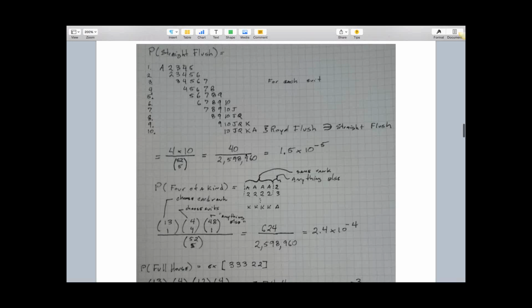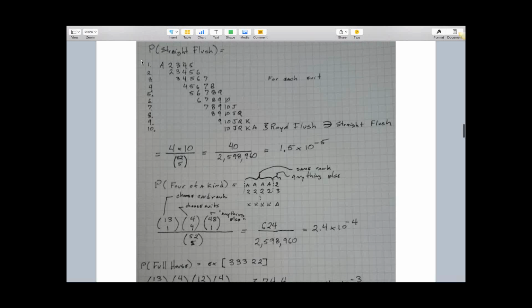I guess we'll just start off with the probability of the straight flush. The way that I did this was first to chart out all the different straights based on rank. In poker, you start with ace, and then you pick 5 cards all the way up to 5. And it turns out that we have 10 of these.